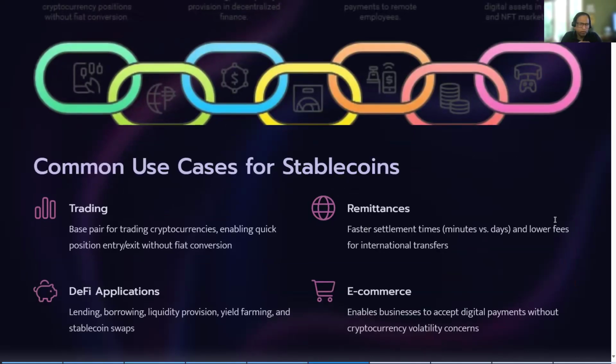So, the common use cases for stablecoins. Trading: right now, if you want to trade anything, you have to use a Visa card or MasterCard or any type of credit card. Now the US government has approved stablecoins. Slowly the companies will be getting into it.